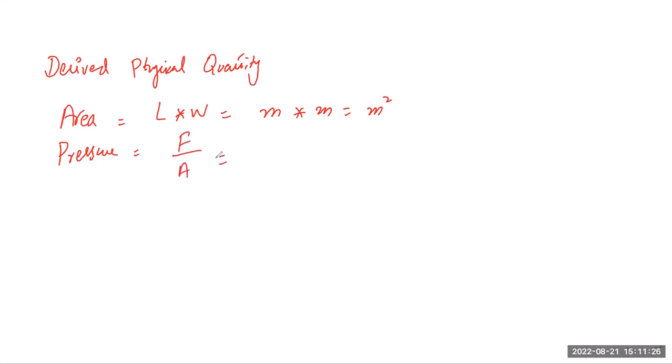The SI unit of force is newtons, and of area is meter square. If someone asks me to convert them into base physical quantities, we know that a newton is kilogram meter per second square, over meter square. So if I want to write it in a standard form, I can write it out.